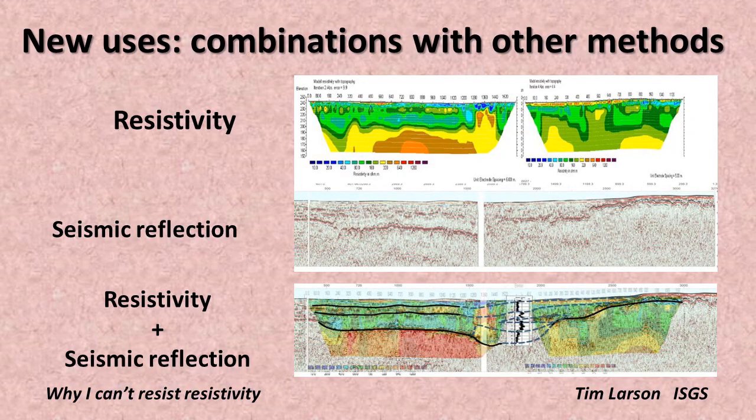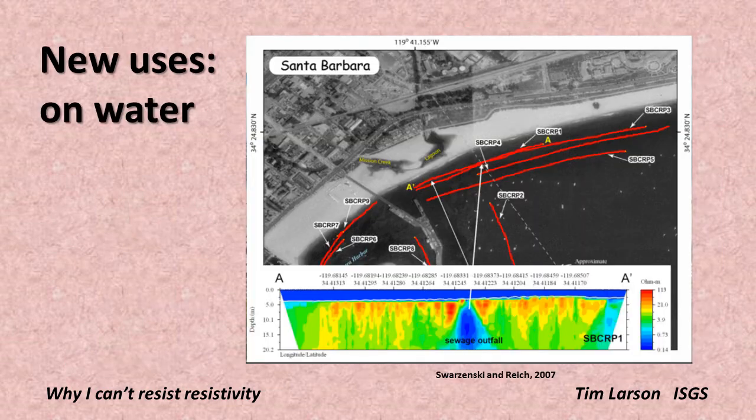Combining resistivity images with images of other geophysical methods, such as seismic reflection profiling, which we show here, is one new way that we can get more bang for the buck from our geophysics. With our new multi-channel high-speed receivers, we're able to tow a resistivity cable from behind a boat and acquire nearly continuous profiles of sub-bottom sediments.